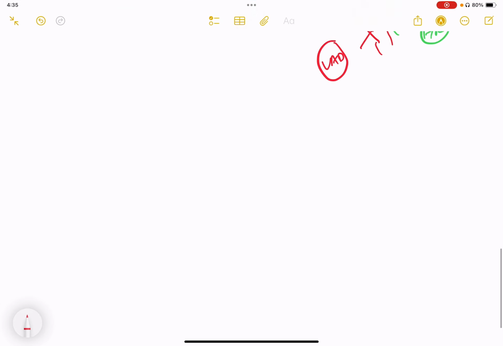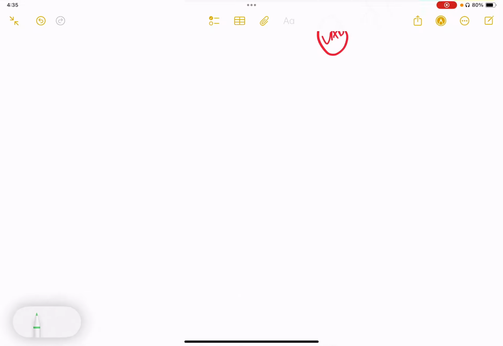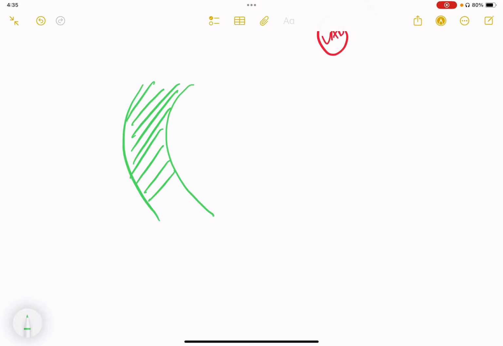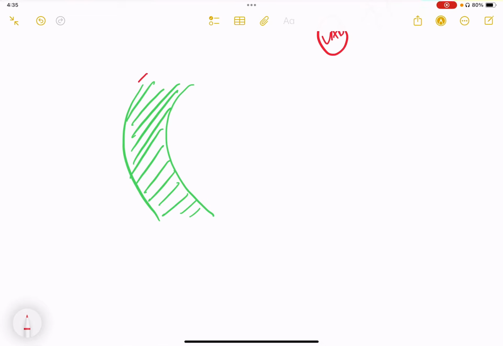But what happens in the myocardial bridge is, suppose this is the left ventricular muscle mass, and this is the portion of the left anterior descending which is epicardial, meaning epi means above the muscle.